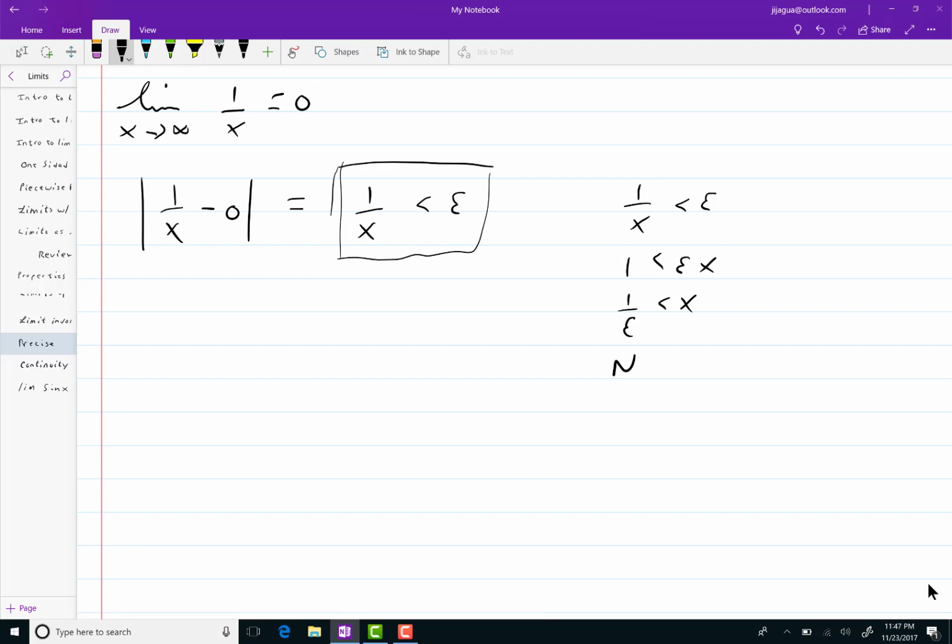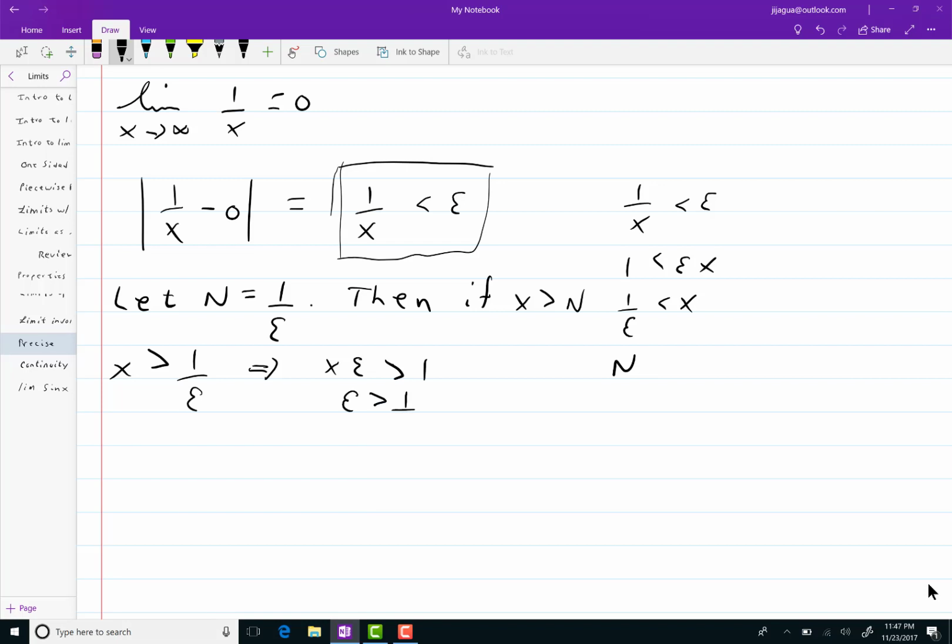So in fact, this could be the n: 1 over epsilon. Then, if x is greater than n, that means that x is greater than 1 over epsilon, which implies that x epsilon is greater than 1. Divide by x, that implies that epsilon is greater than 1 over x, which is precisely where we wanted to get to.